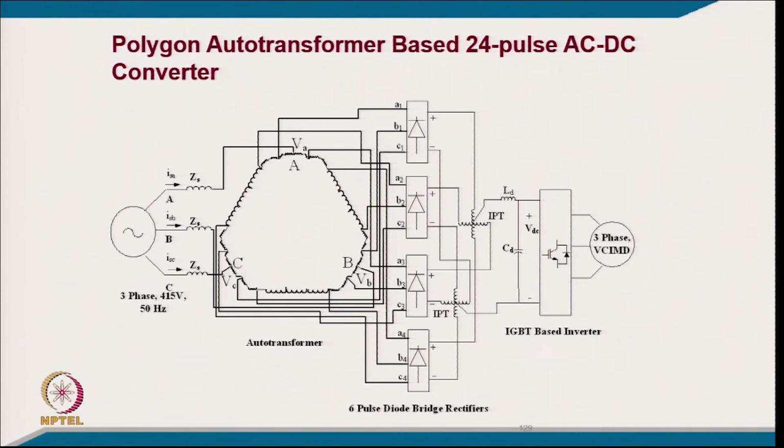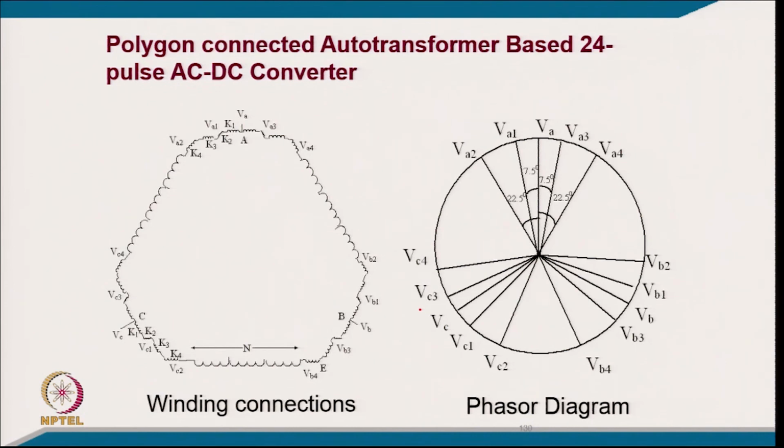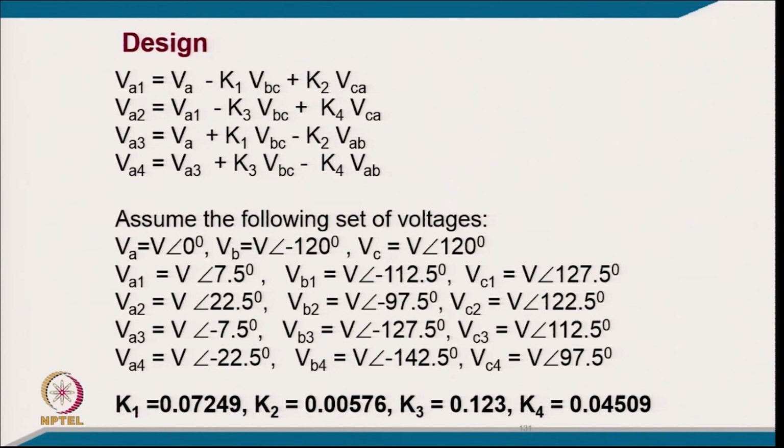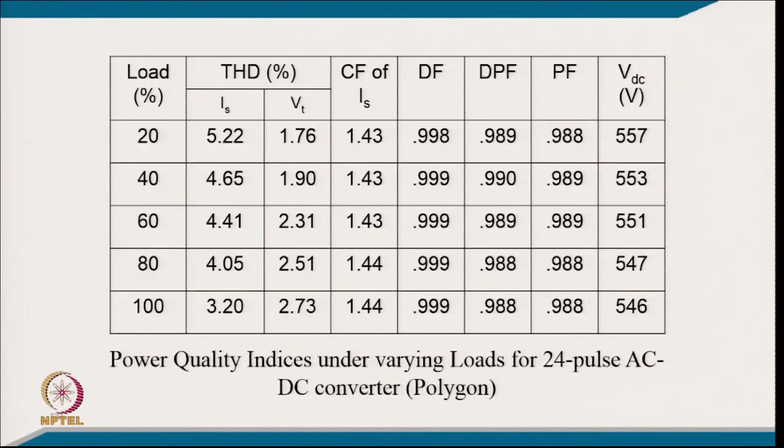So, we have to provide the phase shift again, typically plus 15 degrees, and with the help of this we are able to get a 15 degree phase shift for 4 bridges connected in parallel. This is the interface transformer we are connecting, and this is how the design is done for providing the phase shift on the same circle, as seen in the phasor diagram, how the equations are formed, and how we get these constants, which are used here for getting the same voltage by simple arithmetic calculation.